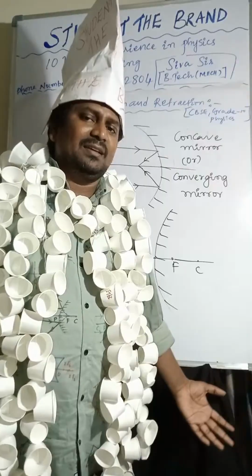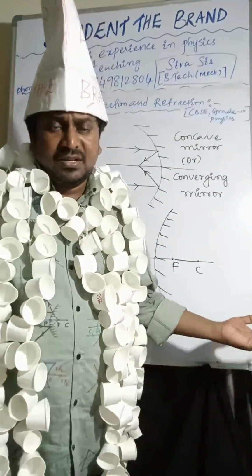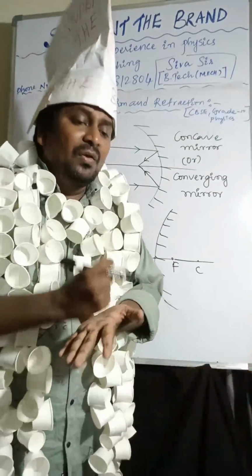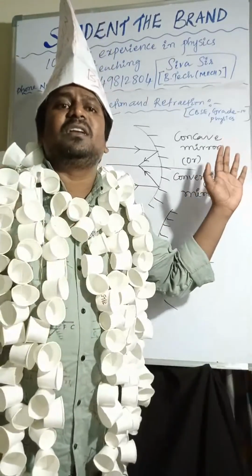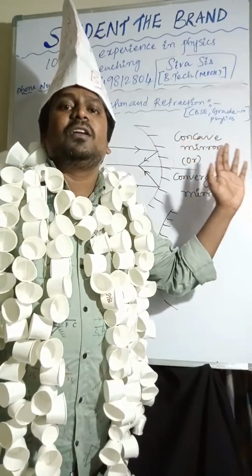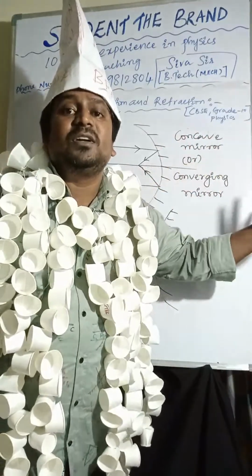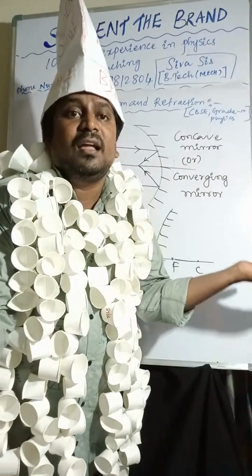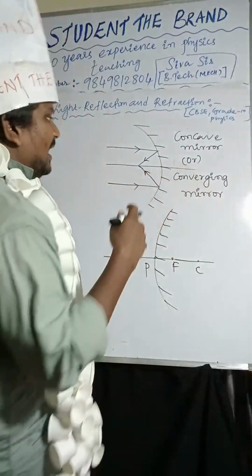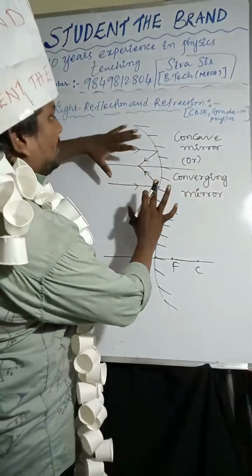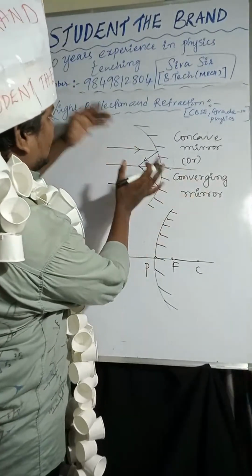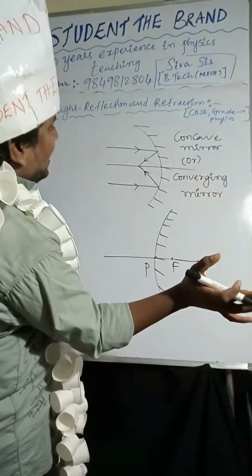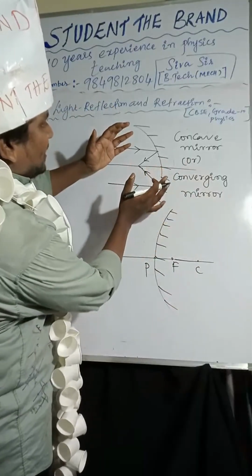What is the reason behind it? Because whenever light rays are incident on it, after reflection, light rays will move towards the principal axis.